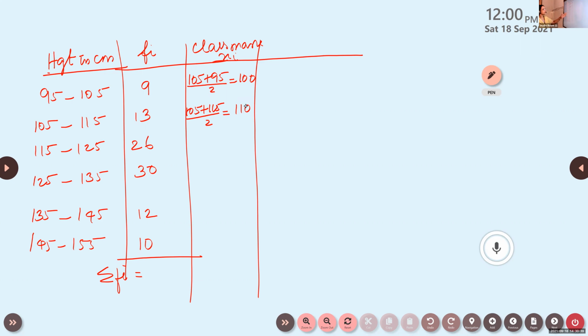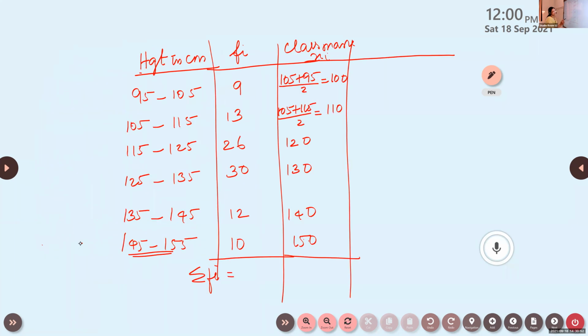You add it, you will get the successive class marks: 120, 130, 140, 150. You can check whether each class mark lies in its interval. Class mark is the middle value, the mid value.